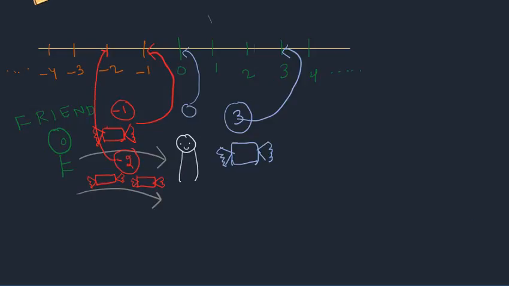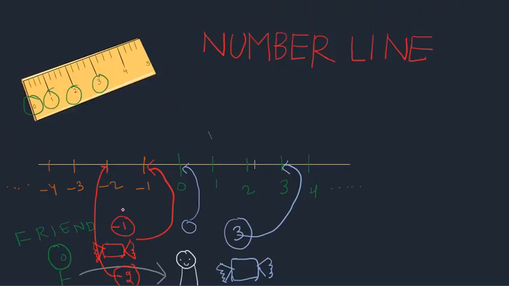Now, I suppose you've understood this example. Now let's go back to the number line. If you observe the number line, if you're moving towards the right, the value of the number increases. So 0, then we move to 1, then 2, 2 to 3. So the value goes on increasing.